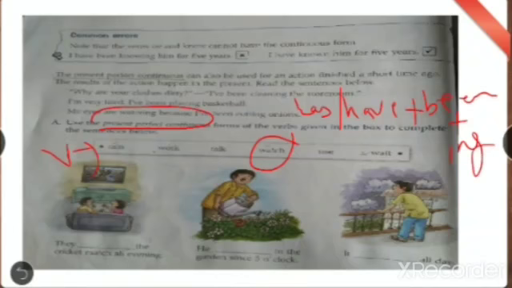You can also write beside the question. Okay, students. So they, what will come? Have, because it is plural. They have been watching. Is it clear? The next one.